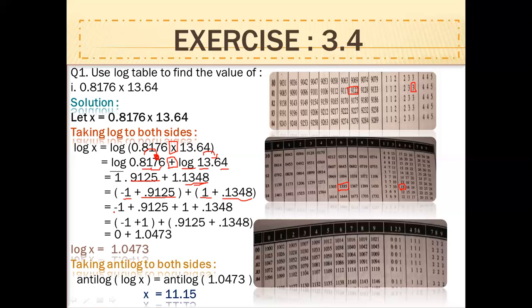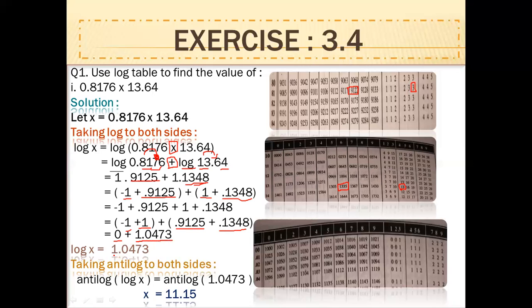We write the characteristics in one bracket and the mantissas in the second one. The characteristics are minus 1 and plus 1. The mantissas are 0.9125 plus 0.1348. When we add the characteristics, the answer becomes 0, and when we add the mantissas, we have 1.0473.